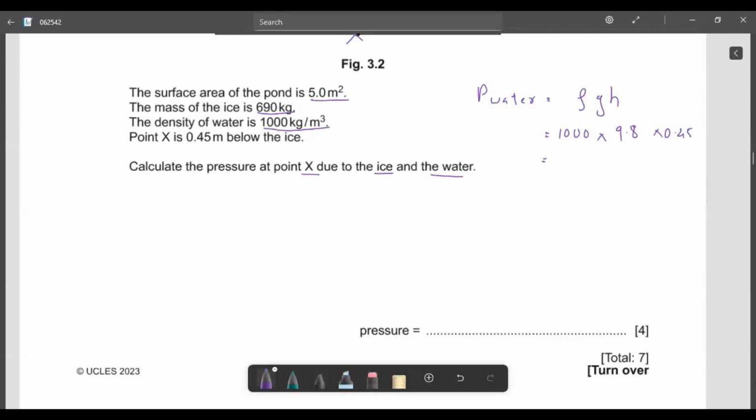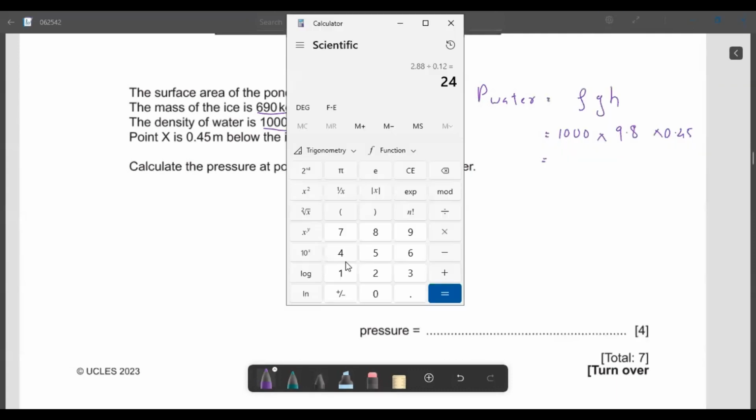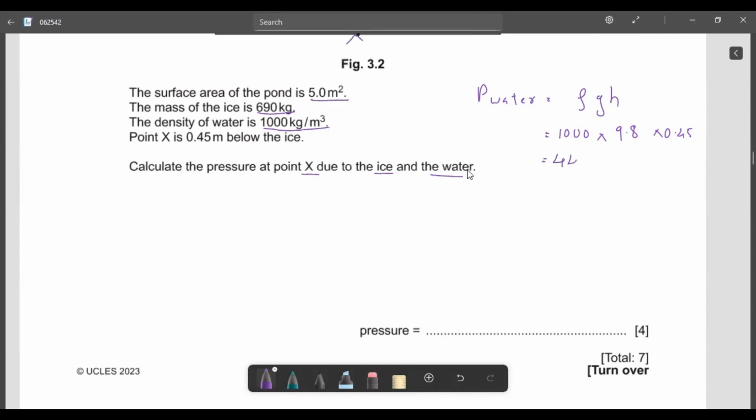This will multiply. The answer is 4410. This much pascal is the answer.